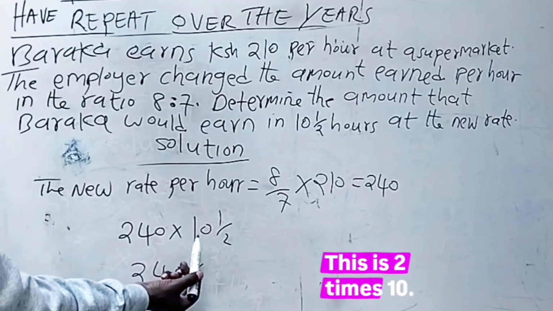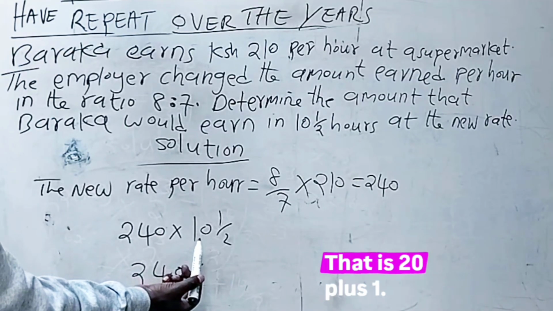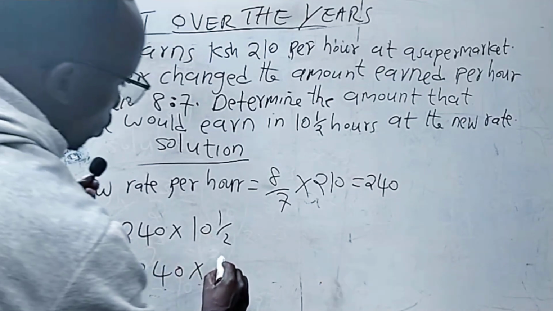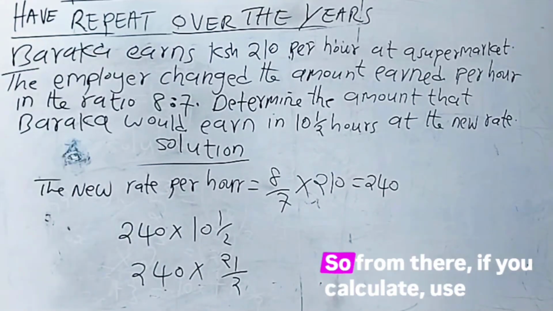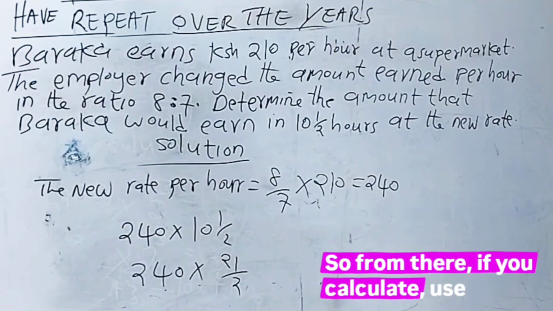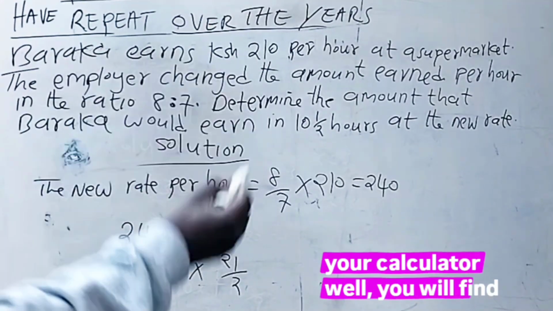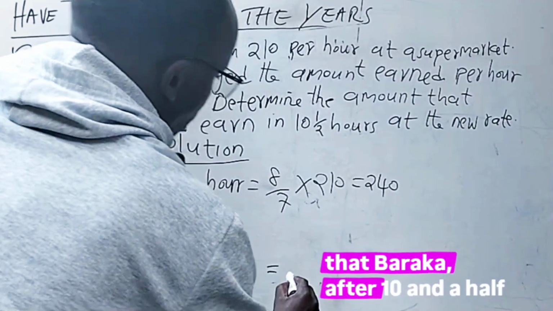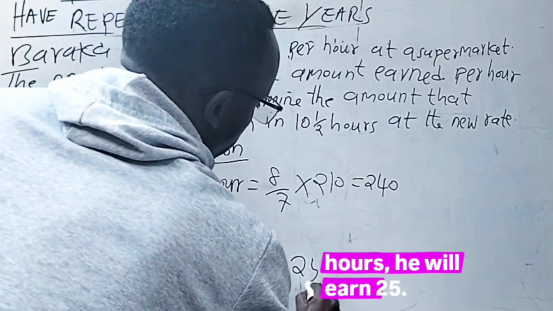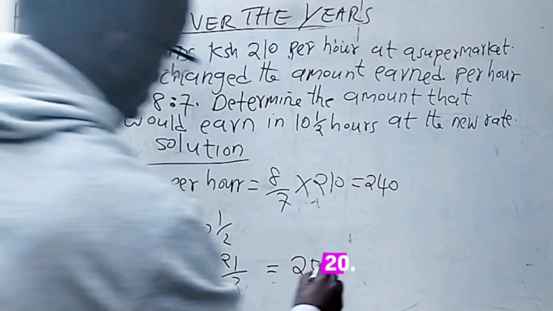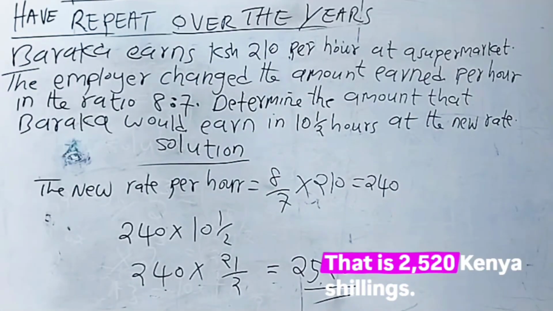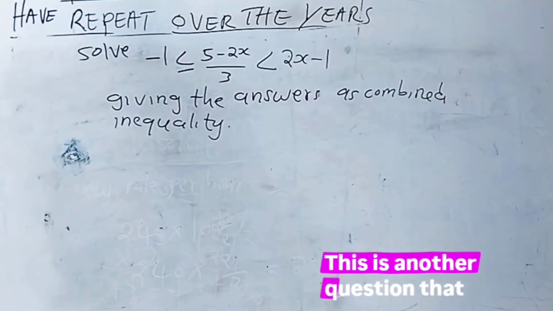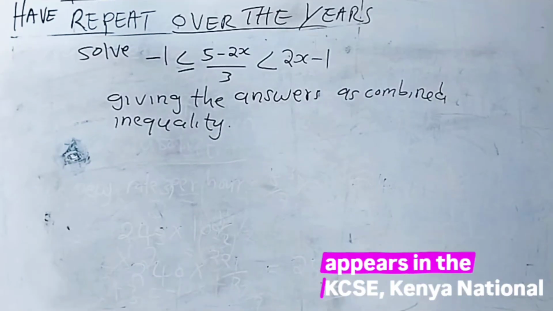This is 2 times 10, that is 20, plus 1, 21/2. So from there, if you calculate, use your calculator well, you will find that Baraka, after 10.5 hours, will earn 2,520 Kenya shillings.